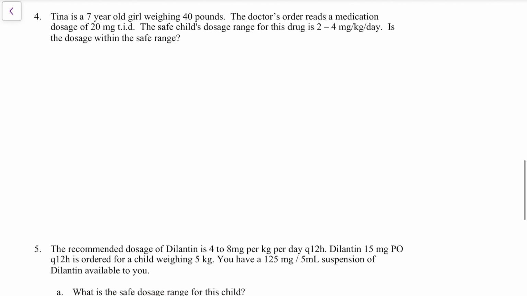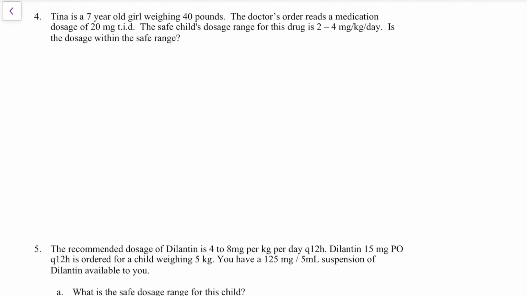And the second one I had you do: Tina is a 7-year-old girl weighing 40 pounds. The doctor's order reads a medication dosage of 20 milligrams TID, which means 3 times a day. The safe child's dosage range for this drug is 2 to 4 milligrams per kilogram per day. Is the dosage within the safe range?